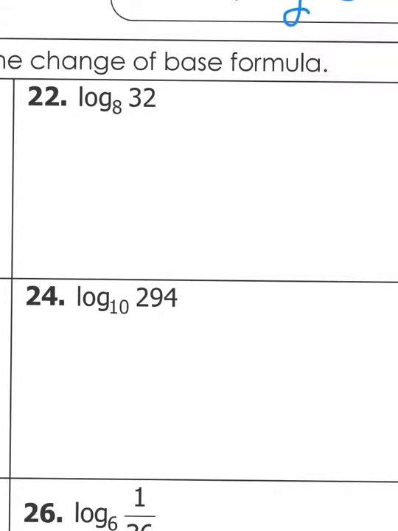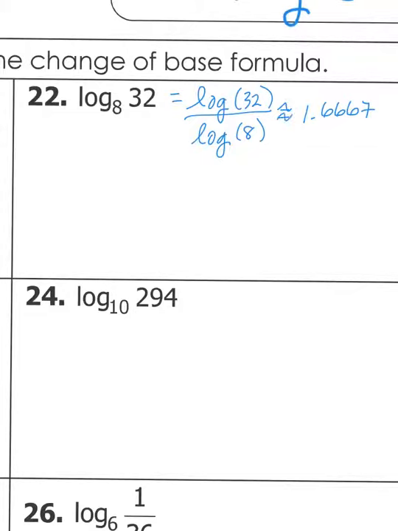Then for 22, this is going to equal log of 32 divided by log of 8, which equals 1.6666666 forever. I'm going to round mine to 4 decimal places, 1.6667. This becomes an approximation because we just rounded it.